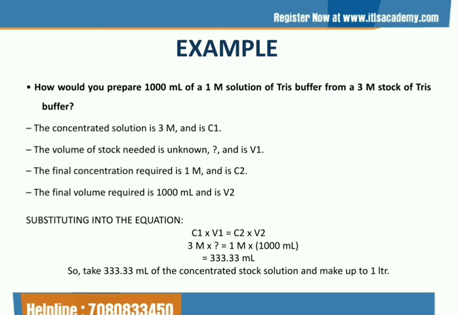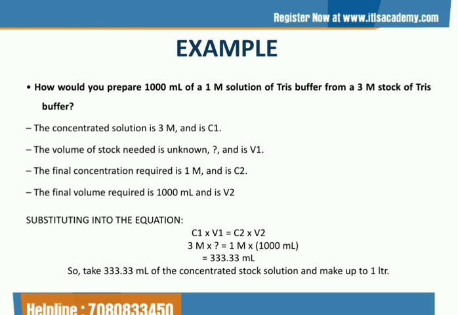Example: how would you prepare 1000 ml of a 1 molar solution of tris buffer from a 3 molar stock of tris buffer? Let's put values in the formula, C1V1 equals C2V2. The concentrated solution is 3 molar and is C1. The volume of stock needed is unknown and we have to find it, and it is V1.